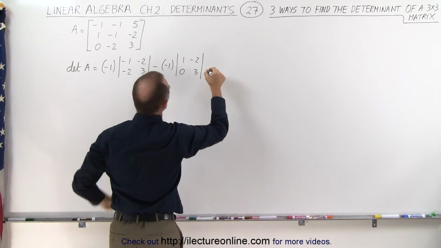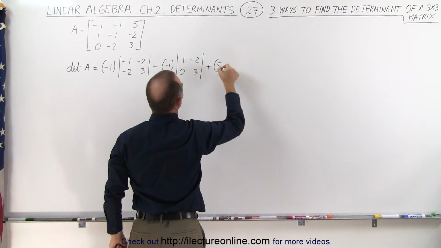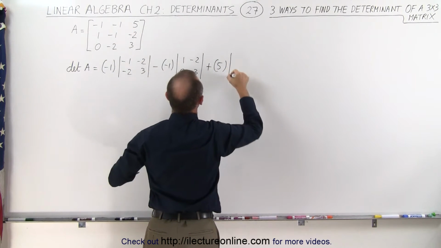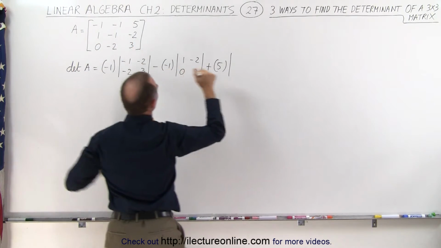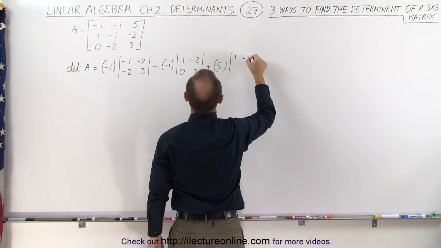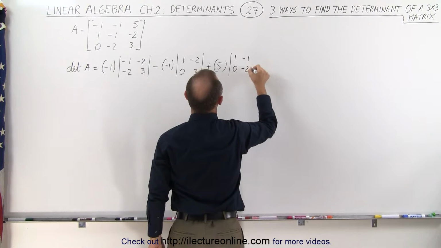And then we get plus 5, the third element up there, times the determinant of these 4 elements, which is 1, minus 1, 0, and minus 2.